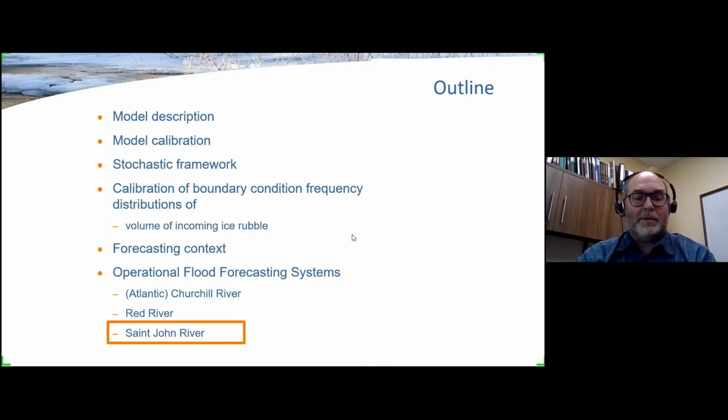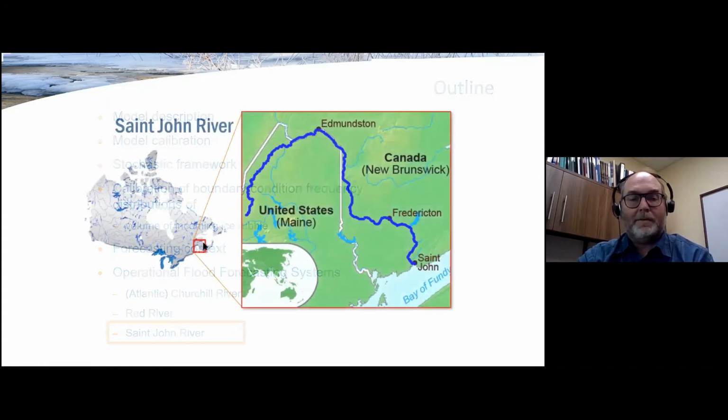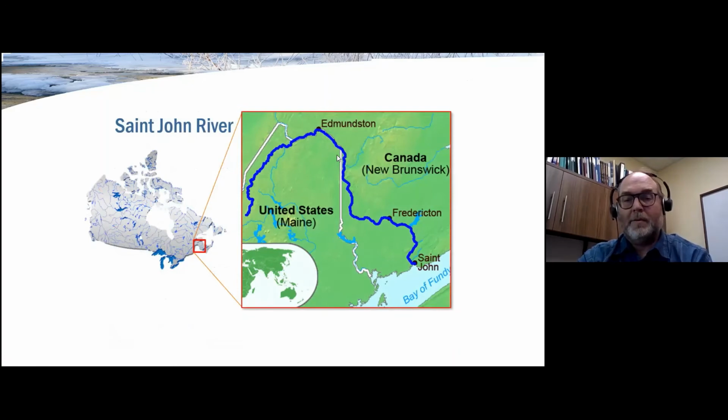And we're also extending this to the St. John River. So this is in Atlantic Canada here. And we're looking first at the upstream part here, upstream of the first dam at Grand Falls. So this is a more naturally flowing stretch here.